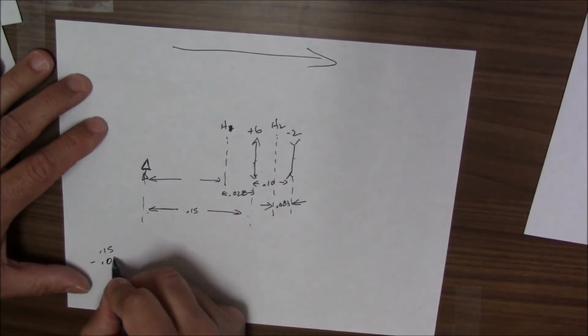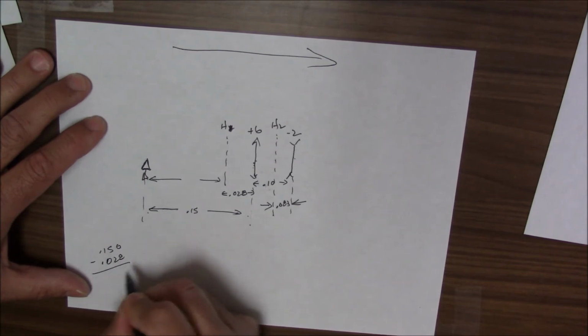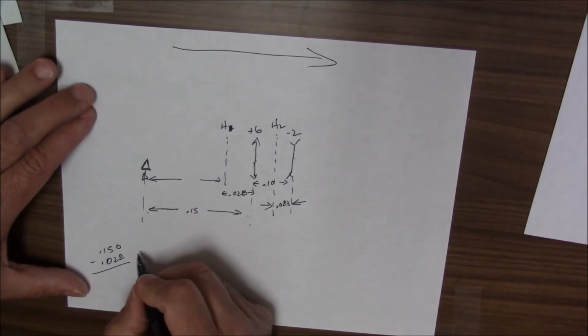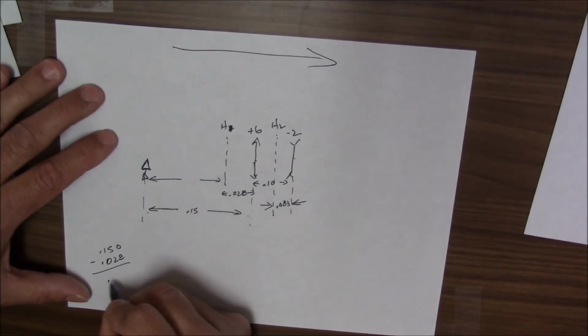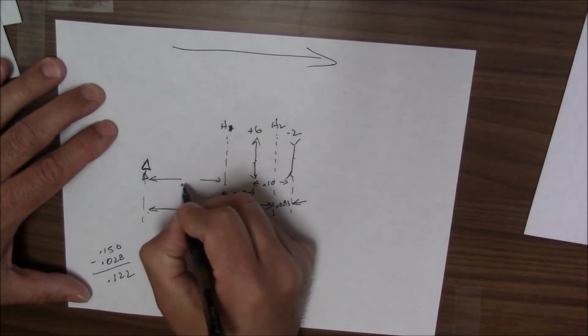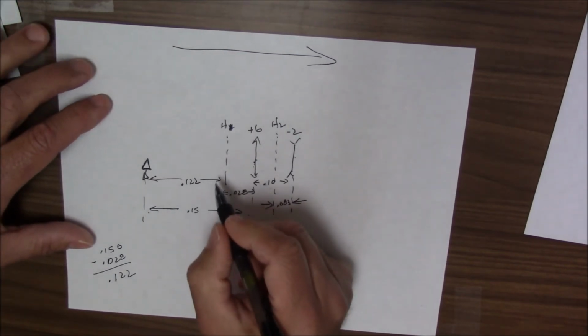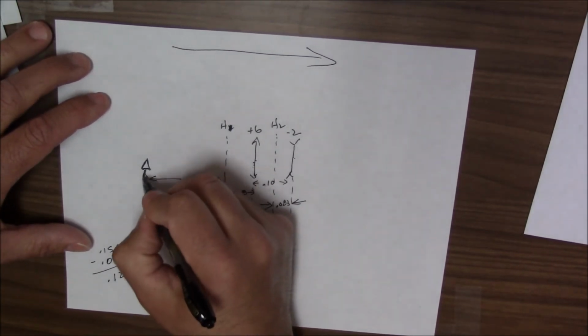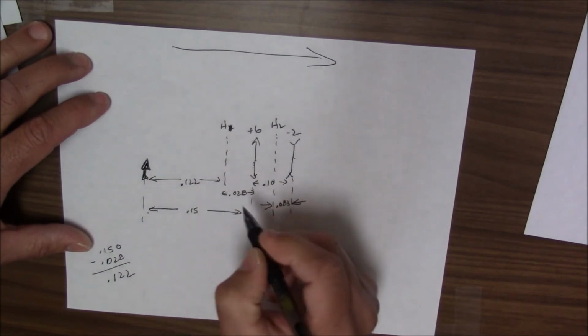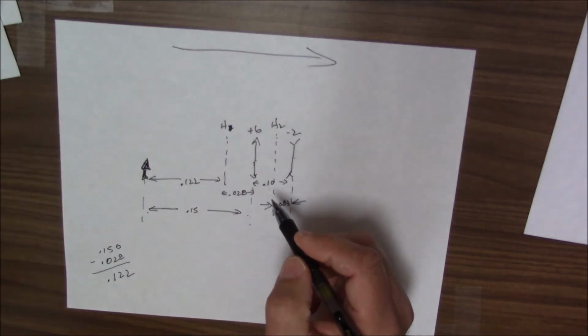So 0.028, and that gives me 0.122. So that is the distance between here and here, 0.122. That is now the location of the real object relative to our Gaussian system.